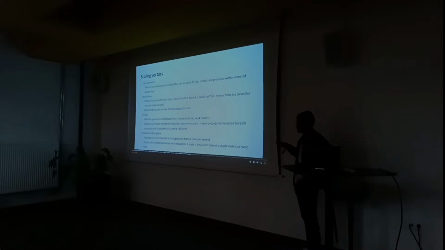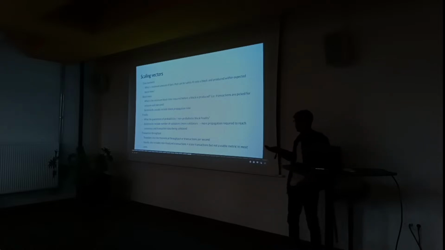And the last is obviously transaction throughput, which is basically how many transactions per second this chain can handle. We call this theoretical throughput because most chains, something like EOS for example, can claim up to 30,000, 40,000 transactions per second. Those don't translate into real world numbers, right?